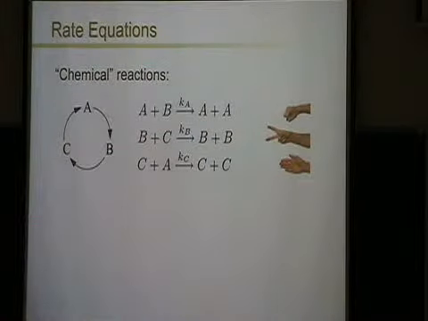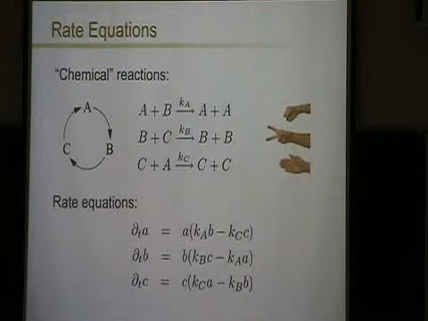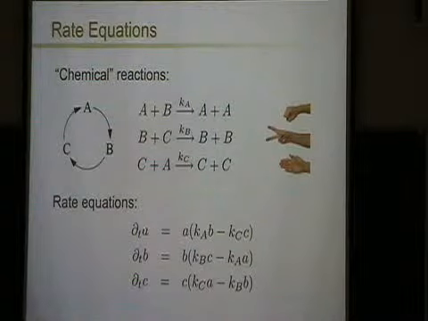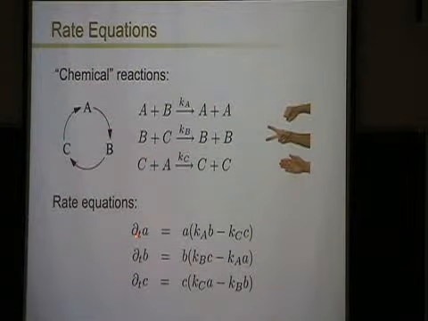So these are, as I wrote them, chemical reactions, and you immediately can turn them into rate equations. They read as follows. The temporal change of the fraction of A particles in the system is a gain and a loss term.